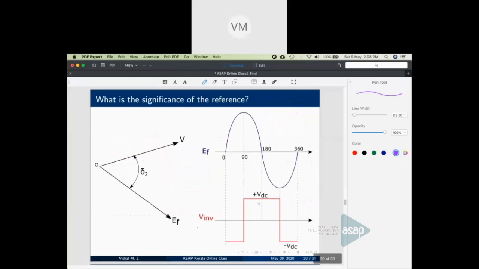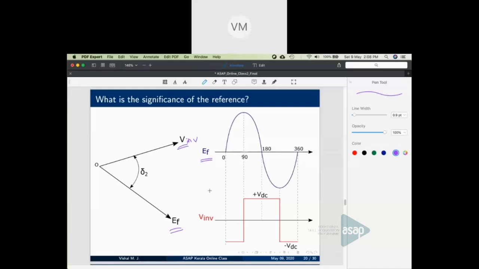Now, what is the significance of this reference? What is your EF? See, EF is this, V is applied voltage, inverter voltage is this, delta is the angle between them. Excitation voltage is a sinusoidal quantity. From 0, at 90 degree it takes its peak, at 180 it comes back to 0, at 270 it takes its minus peak, and at 360 it comes back, and thus one cycle is completed.